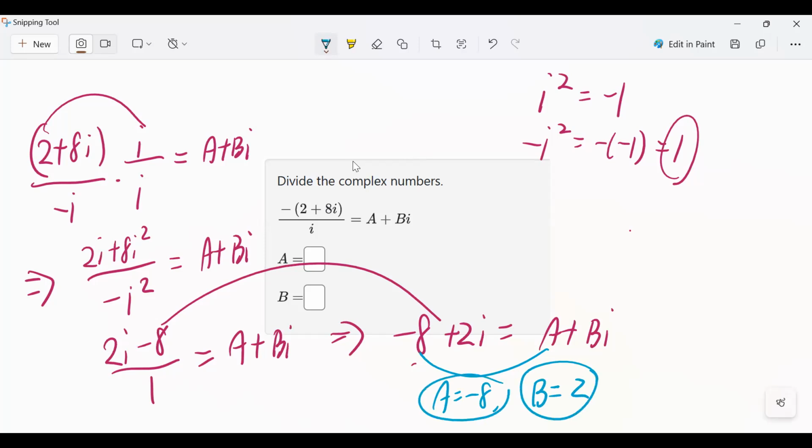You're just going to multiply by negative i here. If you go the other way, then you just have more signs to deal with. Nothing major here, but sometimes you can do a little bit of a proper arrangement just to decrease the difficulty level. Okay, so it's minus 3 and 2.